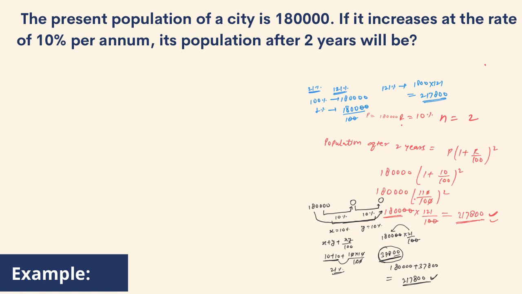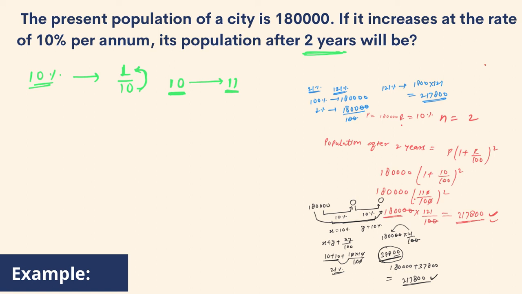If I am saying that it is increasing 10% per annum for 2 years, first I will convert 10% into a fraction, so this is equal to 1 by 10. If the population is 10, then every year it becomes 11, right? Because it is increasing 10%, so 10 plus 1 is equal to 11.